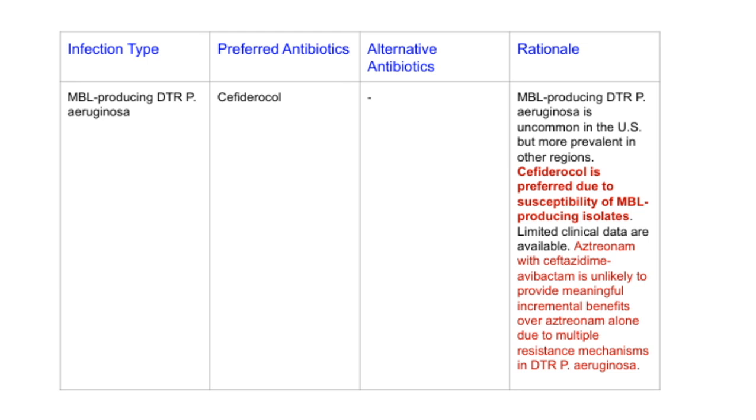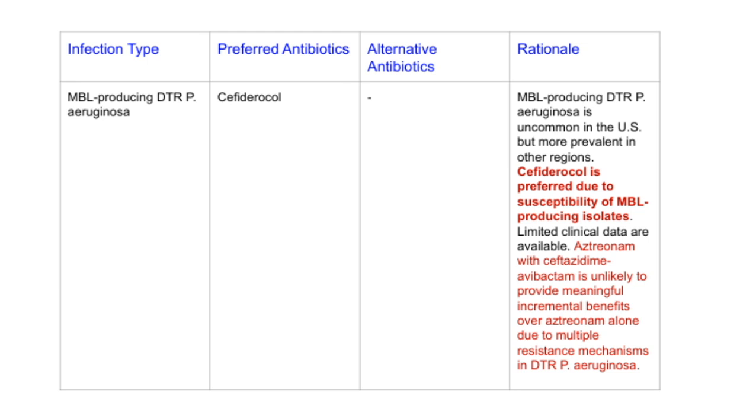As for alternative options, there aren't any listed here, which emphasizes that cefiderocol is currently the primary recommended agent. The rationale behind this preference is based on the susceptibility of MBL-producing isolates to cefiderocol, which is promising. That said, clinical data on its use against these organisms are still limited, so we need to interpret its efficacy carefully.